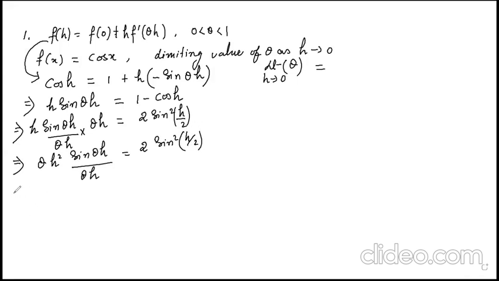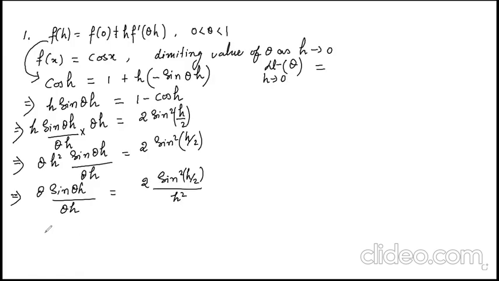Now just the simplification is left. Theta containing terms I'll keep on the left hand side, and the rest of the terms on the right hand side: 2 sin square h by 2 divided by h square.